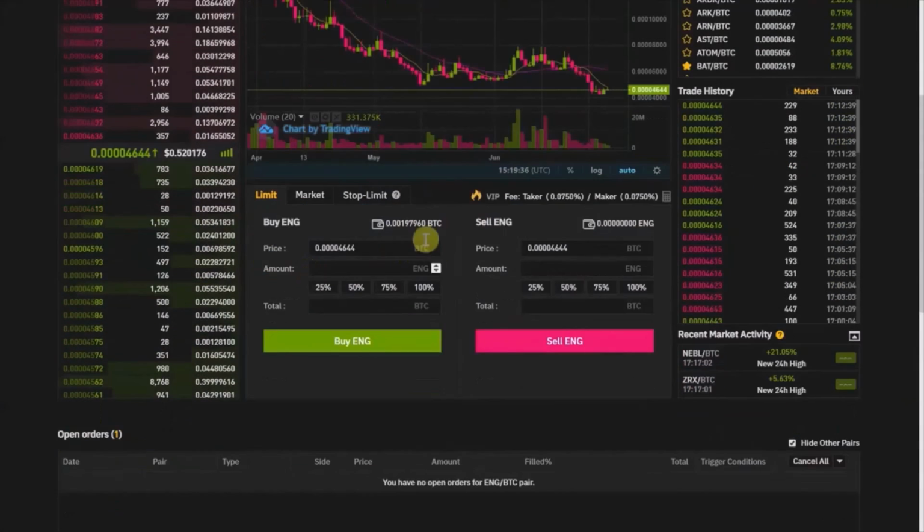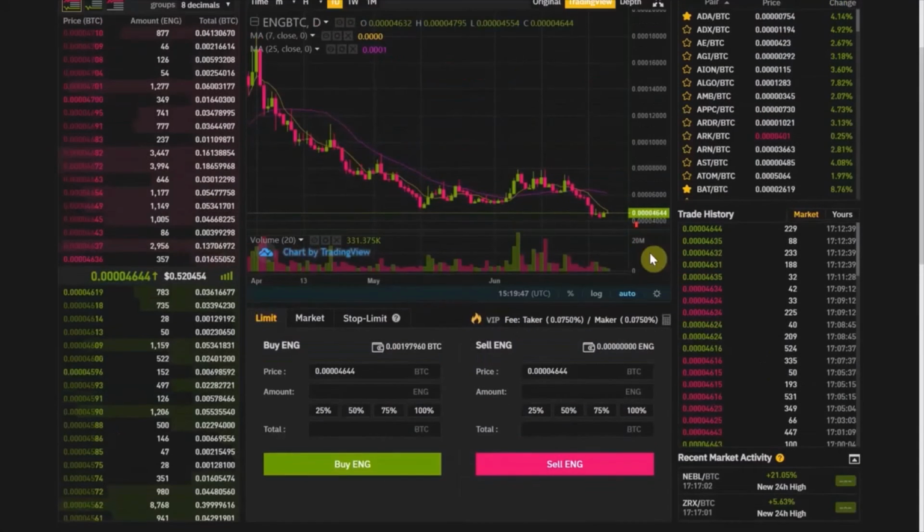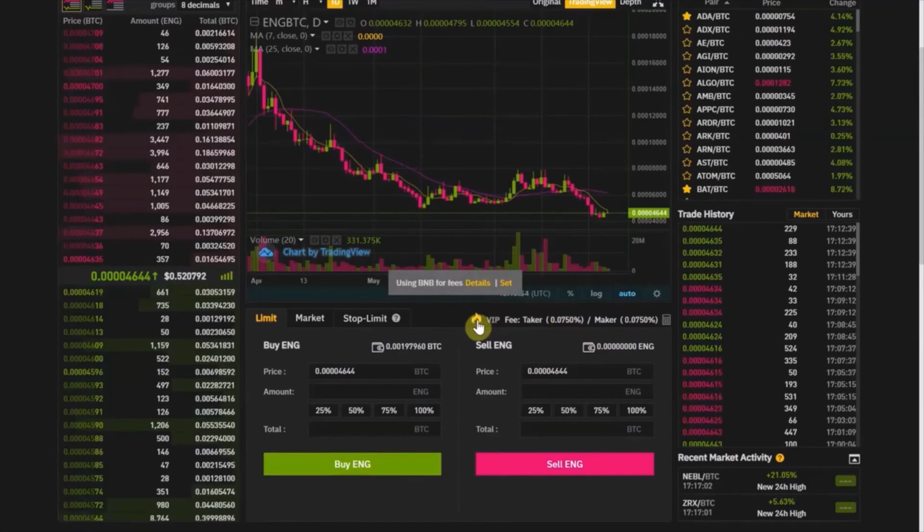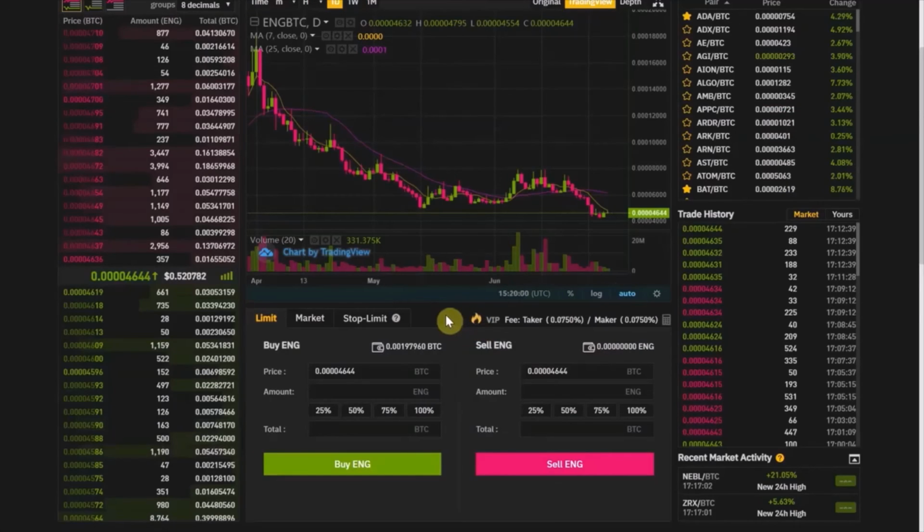I actually forgot to talk about the fees, and I do use Binance tokens to pay for the fees. If you're an active trader and you have a lot of trades, the fees can eat up a lot of your profits, so any discount you can have on the fees is good. If you're new, I think the fee discount is around 50%, which is great.